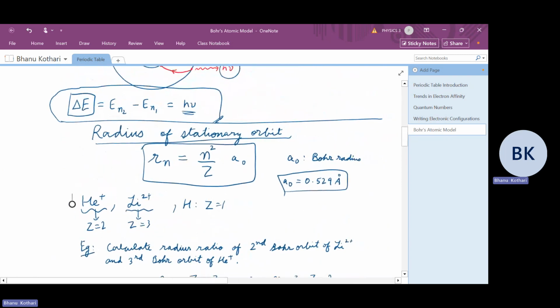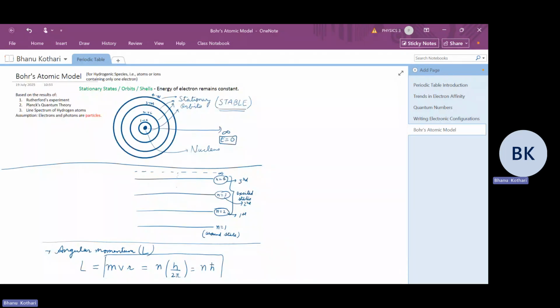They will have some wave characteristics due to which they will not directly follow the laws of motion which are applied to us. Since they have some wave characteristics, we have to consider those characteristics also when we try to describe the atom. So that was the drawback of Bohr.